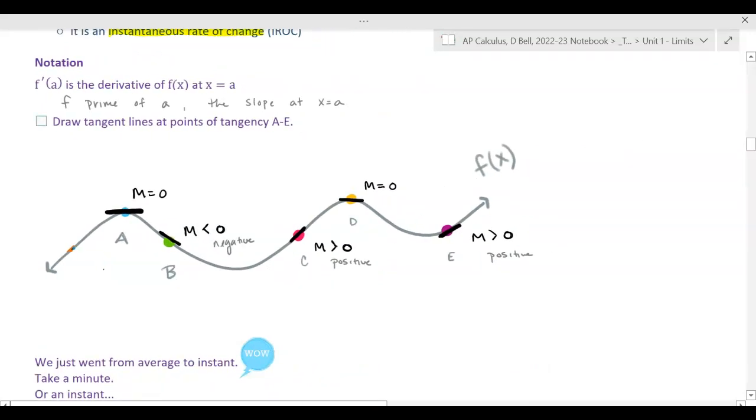So it depends on the point you're at on the function to determine its slope. The slope, or the rate of change, is not constant throughout. It changes throughout the function, right? Starts out positive.